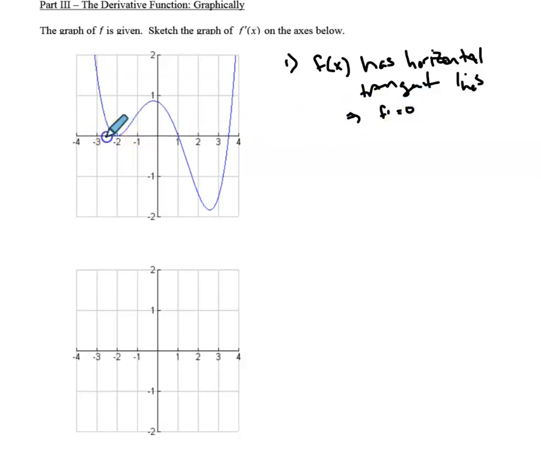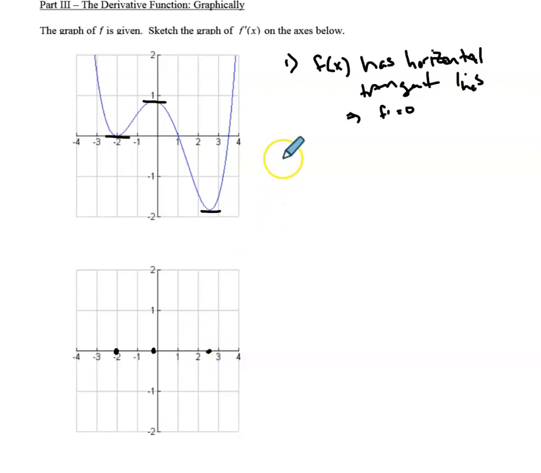So let's come over here and we see that we have a horizontal tangent line here, here, and here. So I can go down to the sketch of my derivative and start it by plugging in x equals 0, at -2, maybe -0.2, and around 2.5 or 2.6. So again, this is all estimating. We're not going to find exact values yet.